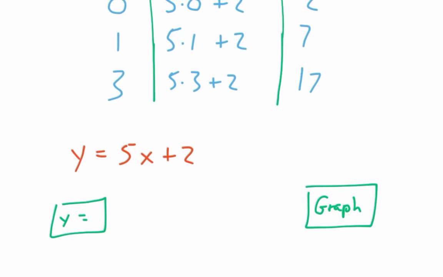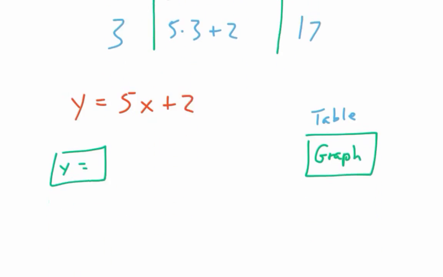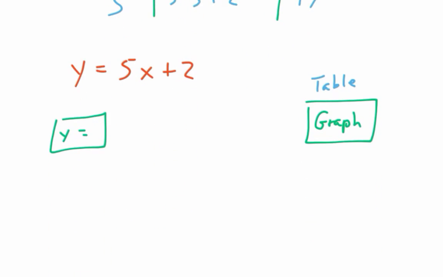What's going to be a whole lot better is hit your y equals, put the equation in, and then up above graph, it says, probably in blue or yellow, table. So if you hit the second key and then your graph button, it's going to list a table, kind of like we had here. It'll give you points, like an X and then a Y1 column.